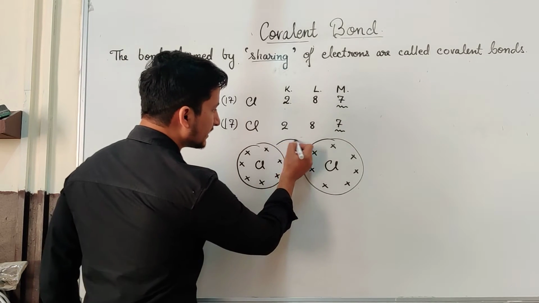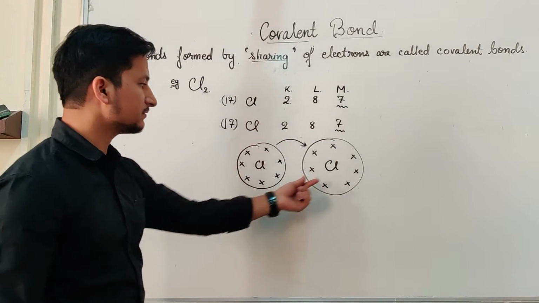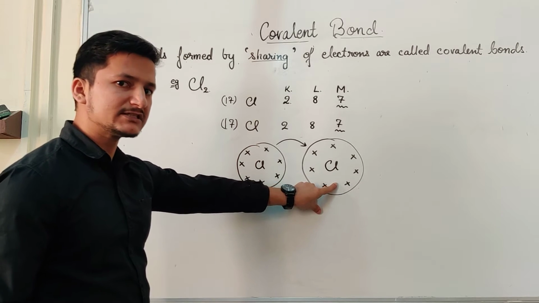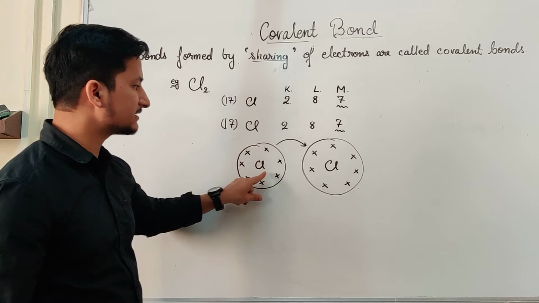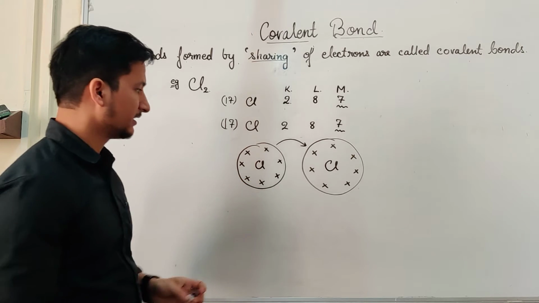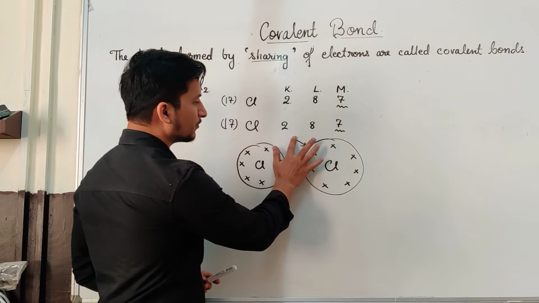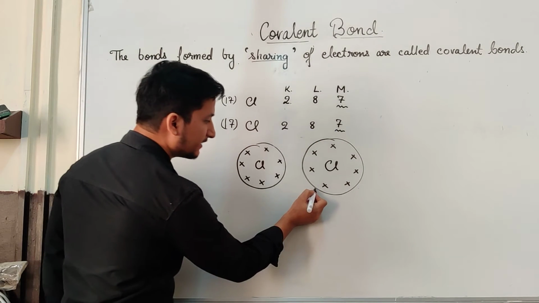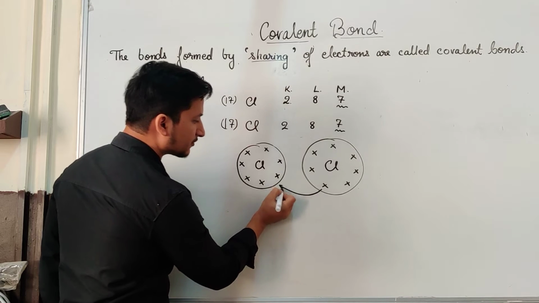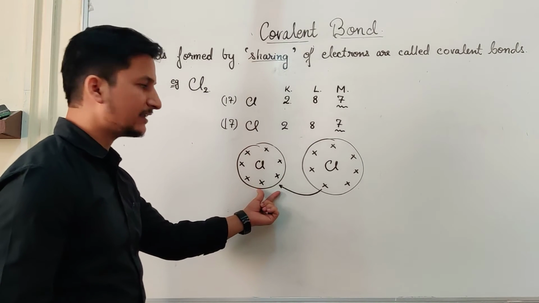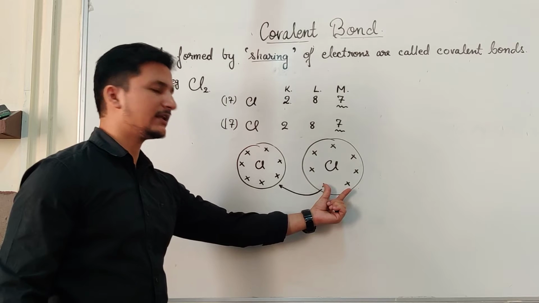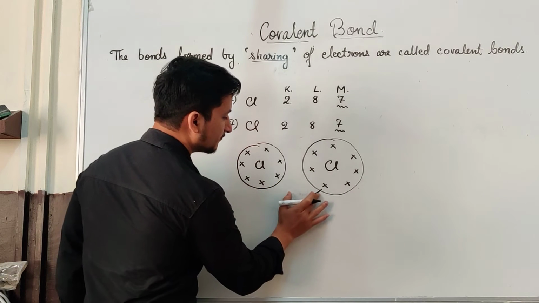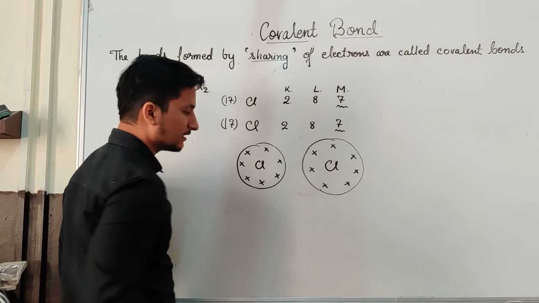If this chlorine gives its one electron, the other will have 8 electrons and become stable, but the first chlorine will only have 6 electrons. Similarly, if the second chlorine gives its one electron to the first one, it will have 8 electrons, but the second one will have only 6. So again this is not possible, because both of them want to become stable.